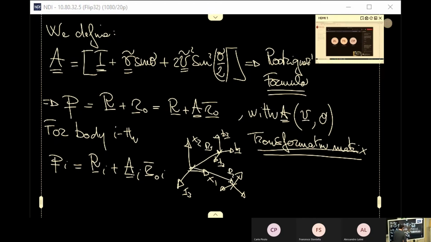When we denote the axes, the subscript becomes a superscript, just to use the notation. So the subscript indicates the type of the vector, the superscript indicates the body in this case.